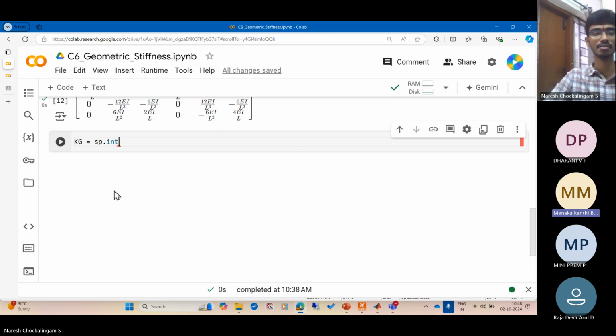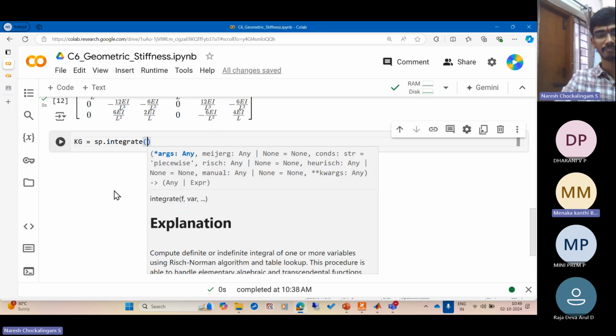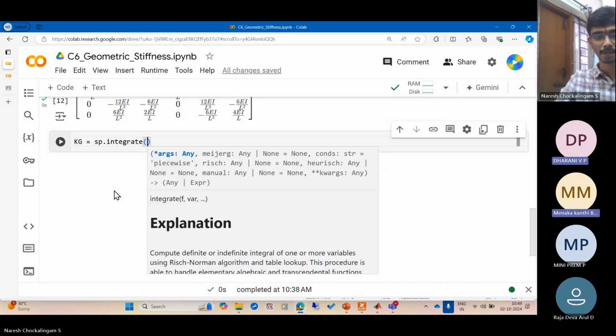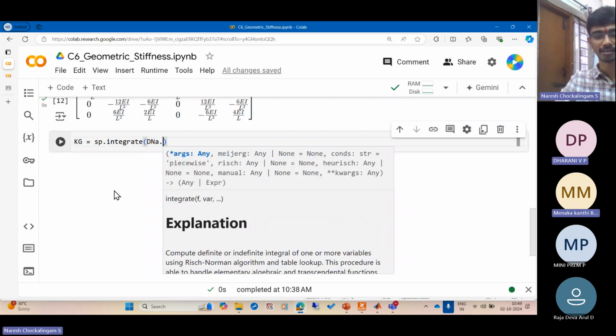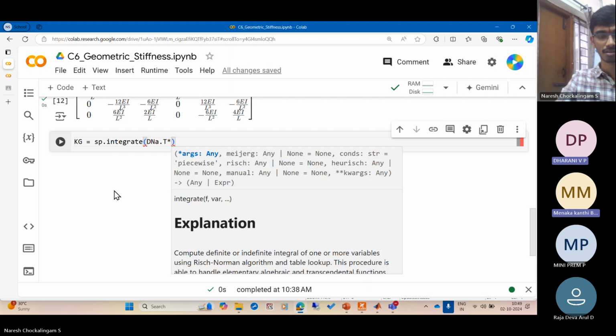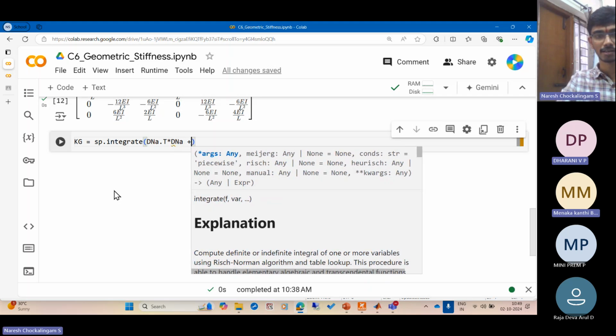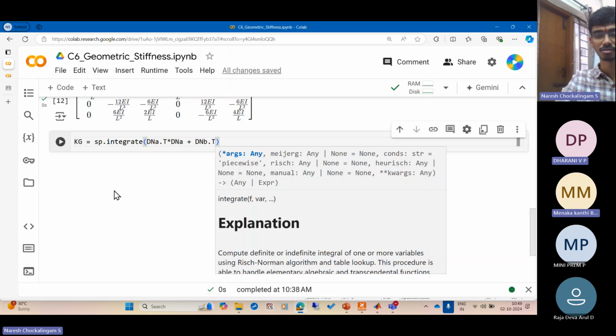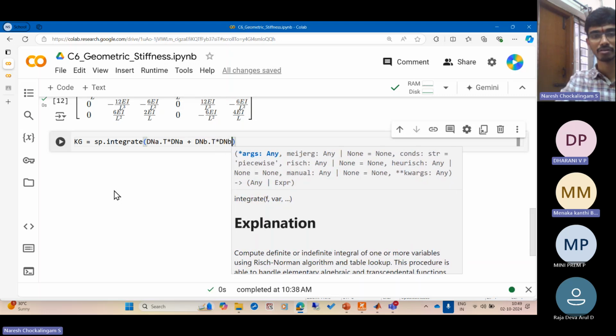So Kg is the integral of what? DNA transpose star DNA plus DNB transpose star DNB, over which interval?